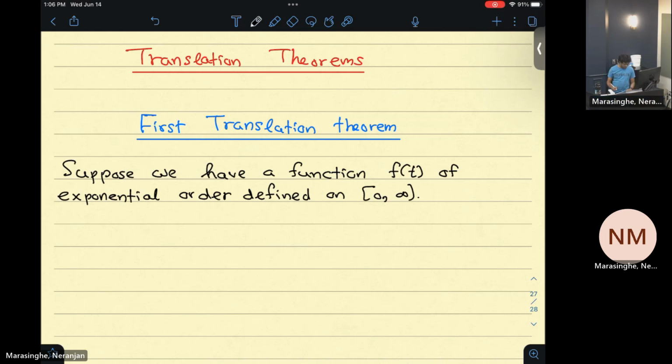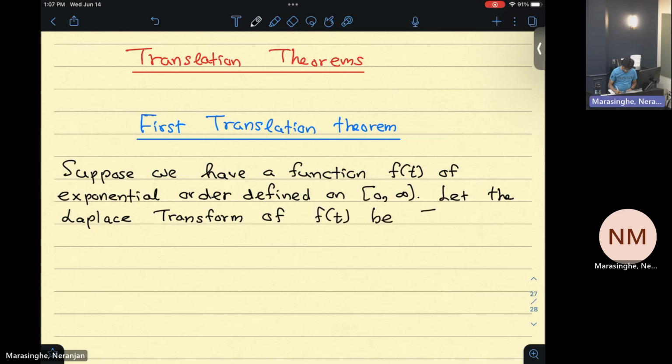Okay. Let the Laplace transform of f(t) be F(s). Right. That means the Laplace transform of f(t) is going to be capital F.